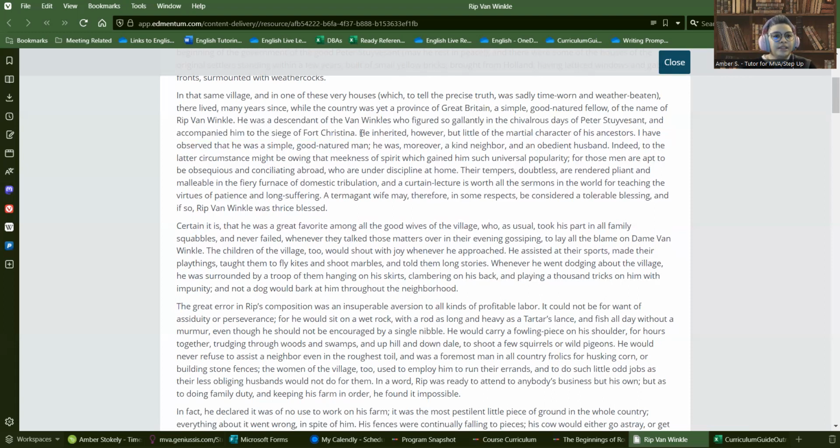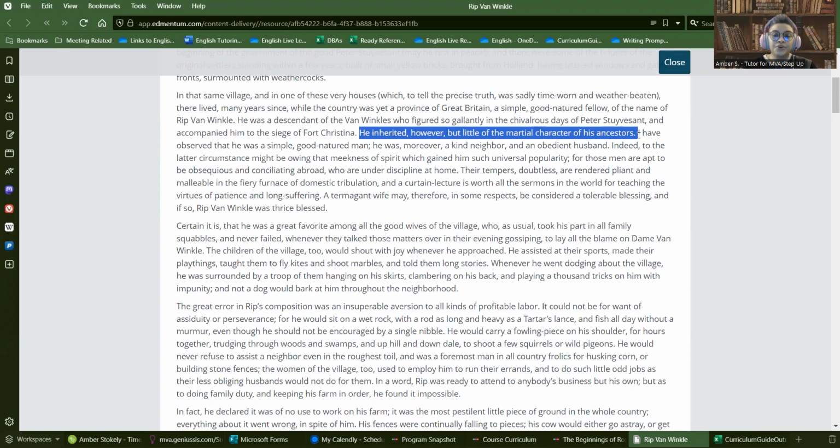All right. It says he inherited, however, but little of the martial character of his ancestors. So they're telling you right now, he came from great people that went off to battle with this really great guy. But Rip Van Winkle inherited, it says, but little of the martial character. Martial usually just means very disciplined.